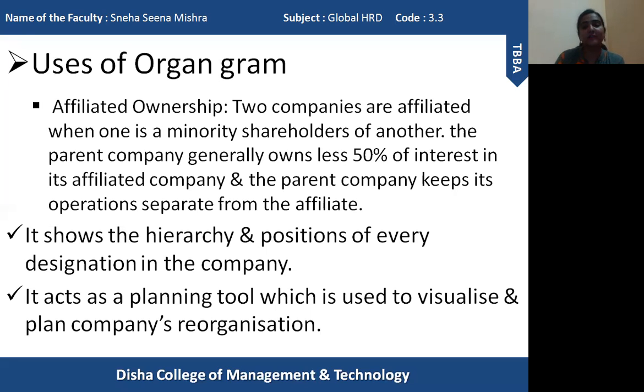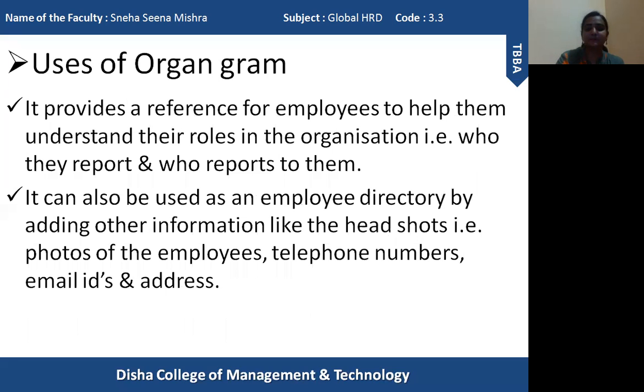And these modifications are very easy to incorporate because of the organogram. So organogram are used as tool when they try to reorganize the company or make changes in the organization structure. Clear?